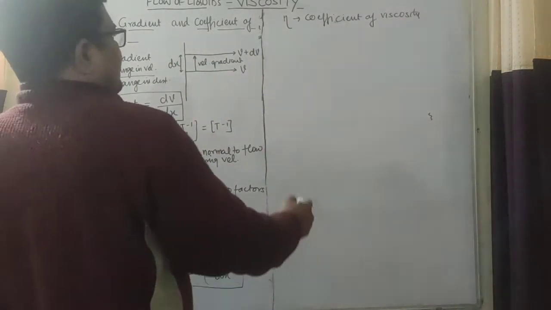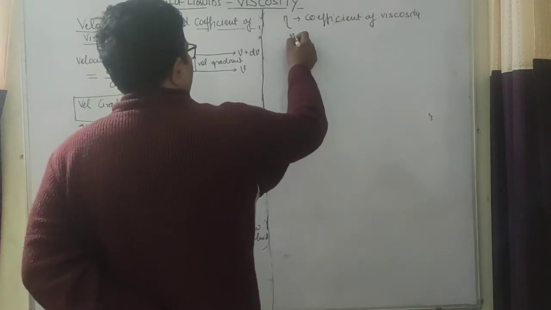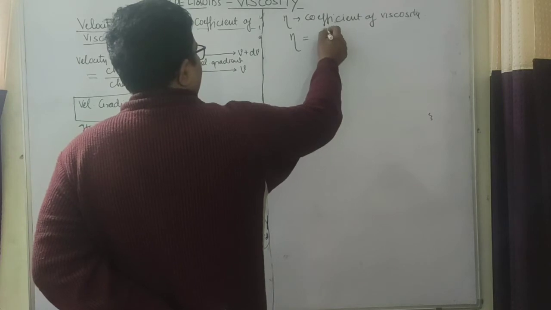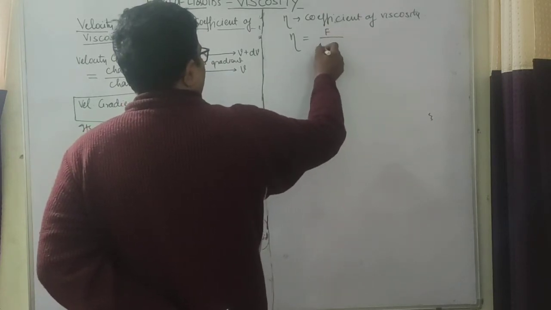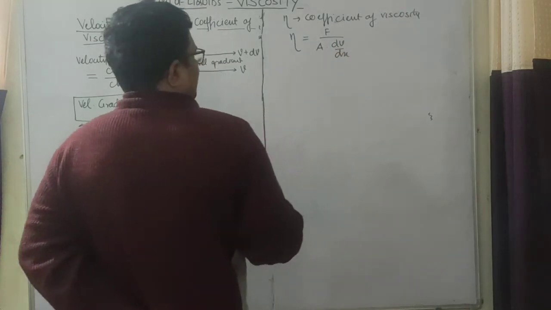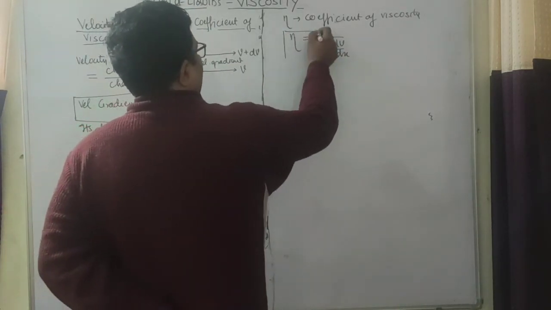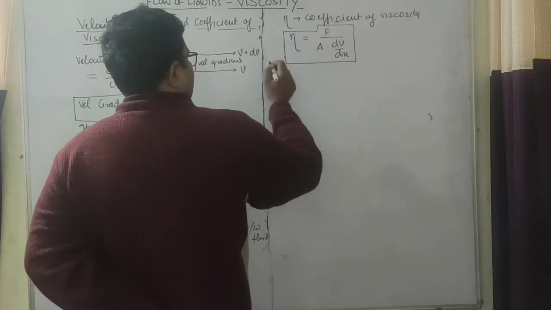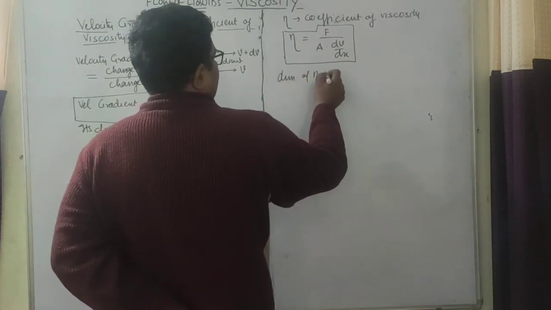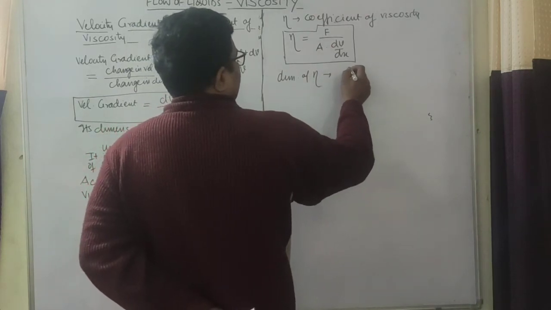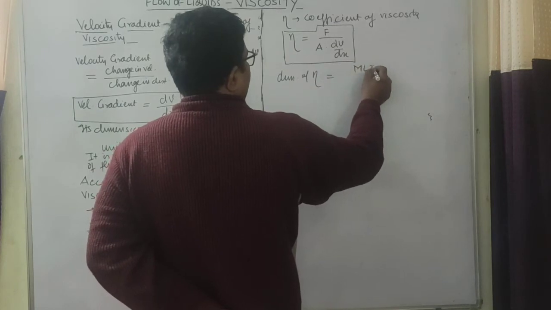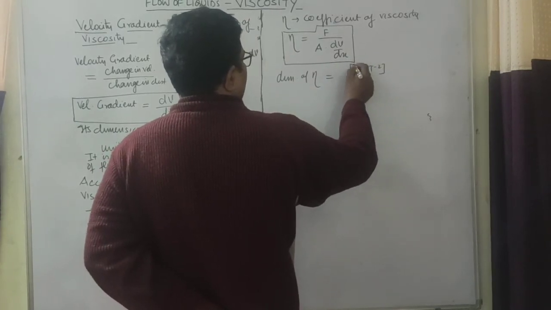So here, if you want to find the dimension of coefficient of viscosity, it becomes F upon A dV by dx. Now finding its dimension of eta: force is M L T minus 2, you all know.